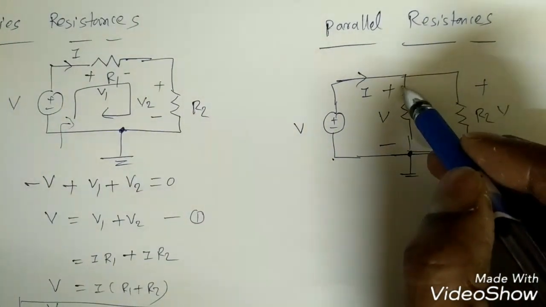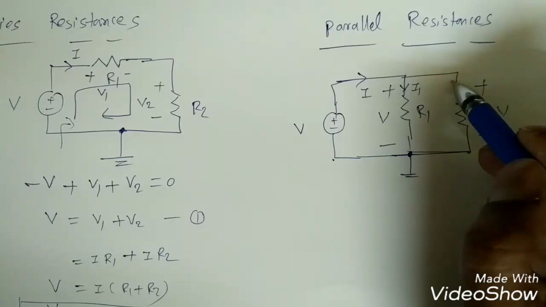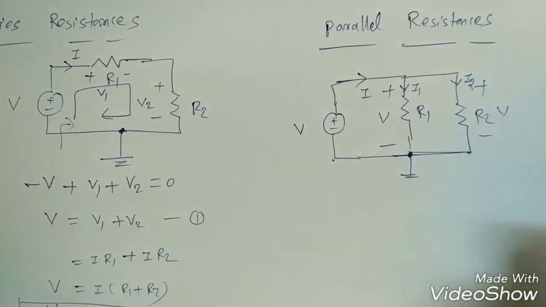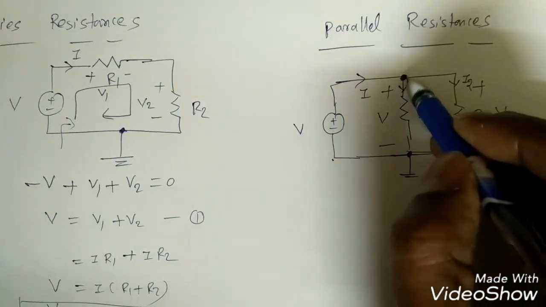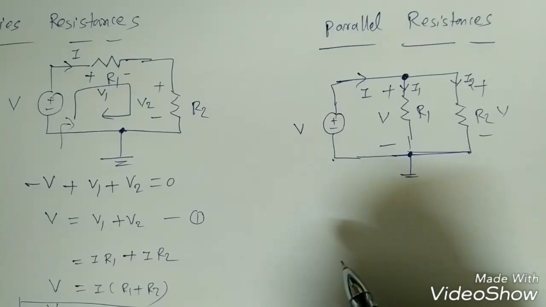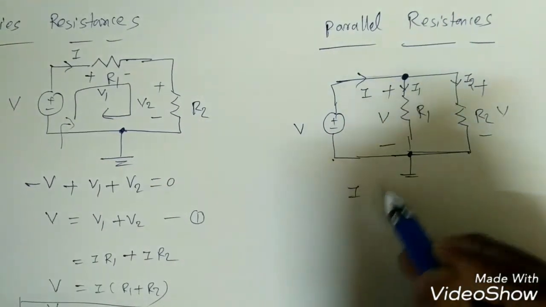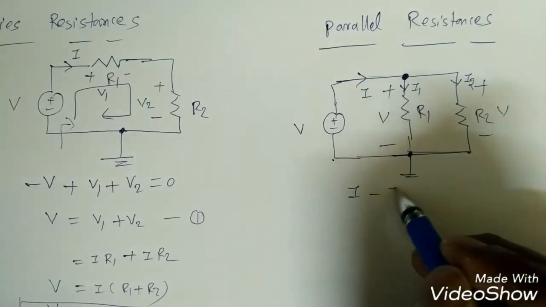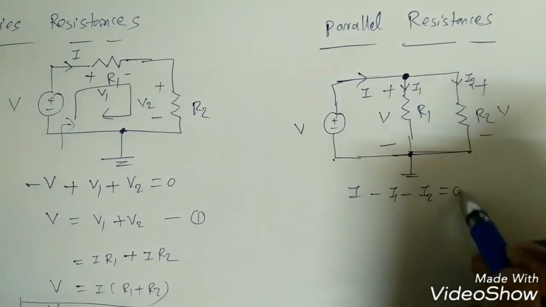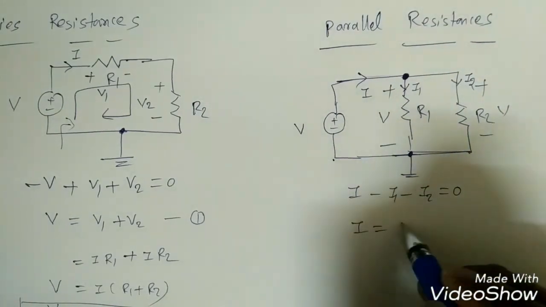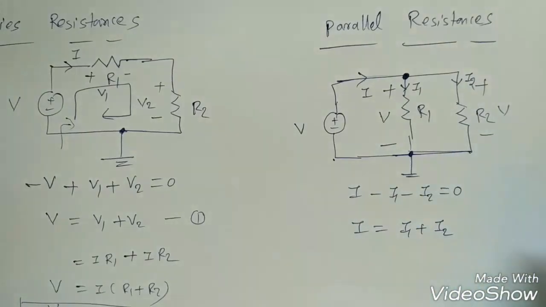Now in this branch, if I assume some current I1 here and this is some current I2, right? By KCL, what is the KCL around this node? Suppose incoming is I and leaving currents are negative, so I minus I1 minus I2 is equal to 0. Now what is I1 plus I2?